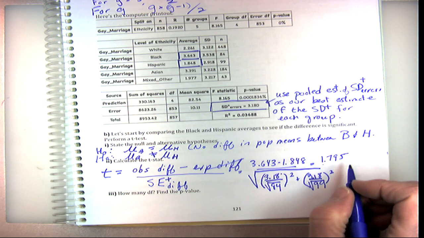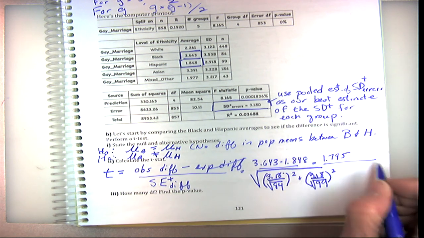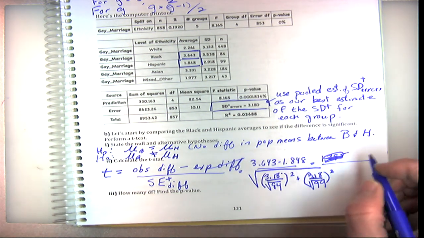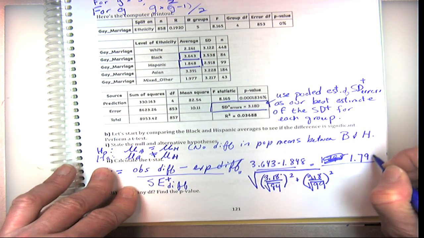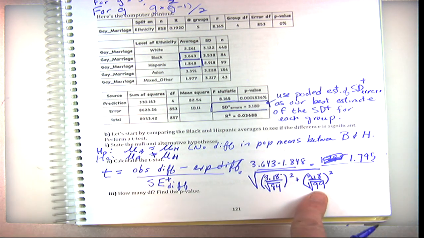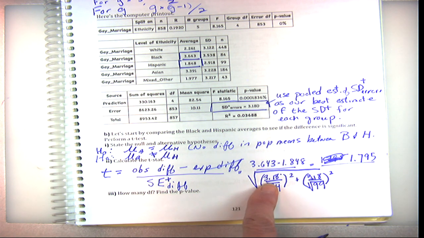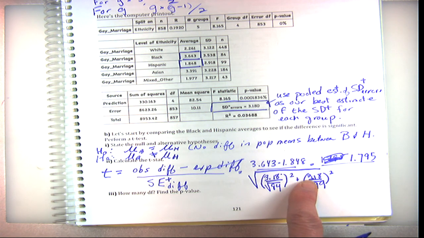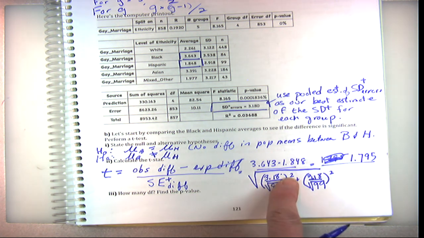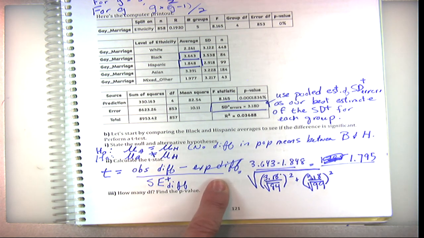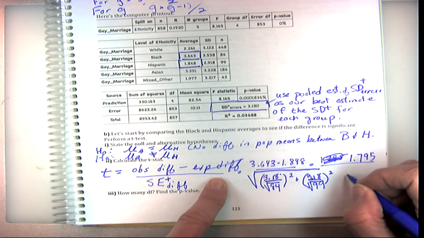I have to work that out, so let's simplify it. This is our numerator, 1.795. I'll write it over here because it looks crazy over there. Do you see what I can do here? I can pull out 3.18 because they have the same, right? It's the square root of 3.18 squared. If I take it outside the square root sign, this makes it super easy.